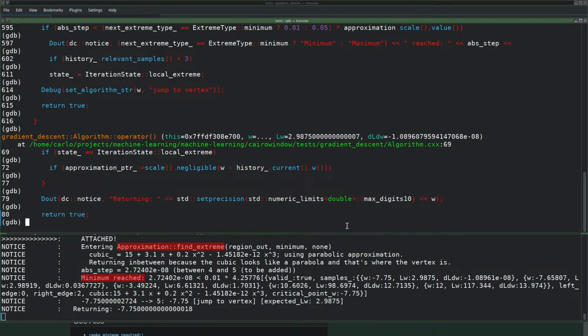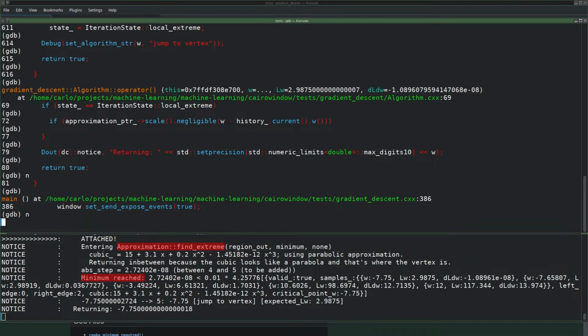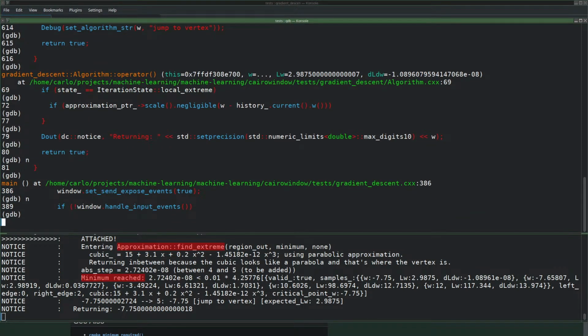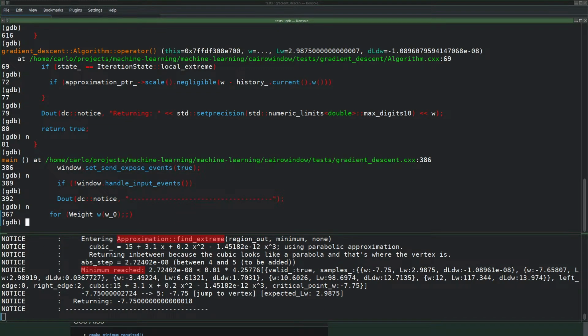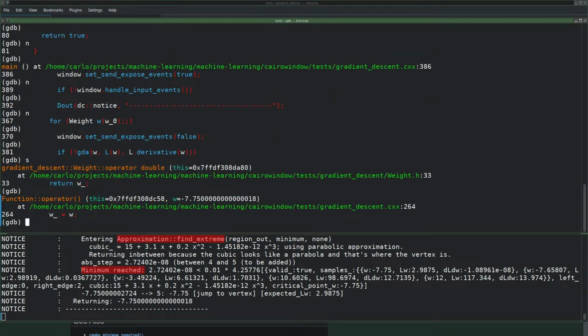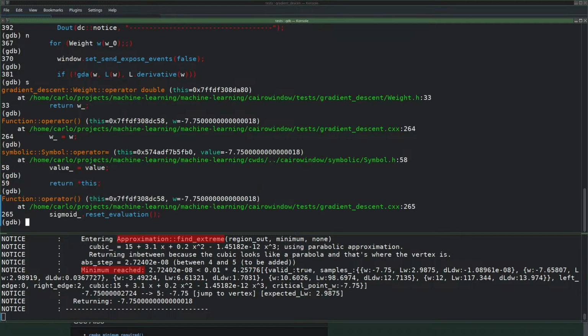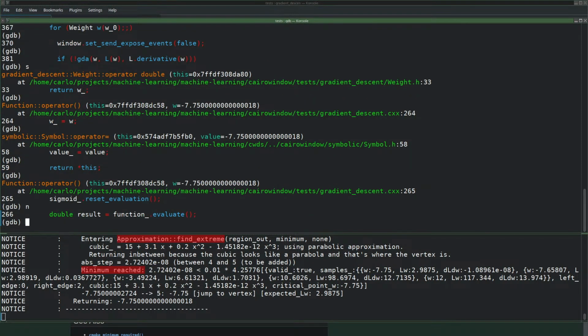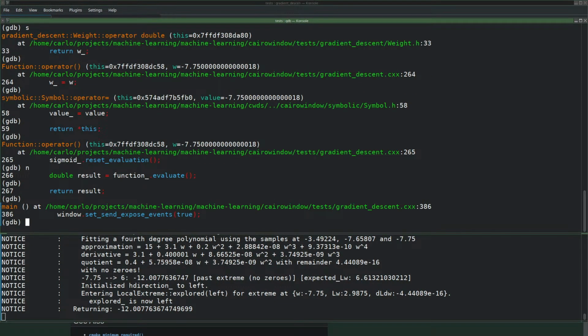And now we're simply returning that value without doing anything else yet. Hit a space here. Oh, stepped over it. Well, anyway, it didn't crash.